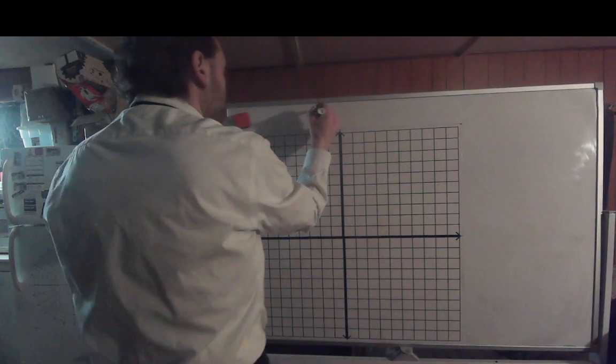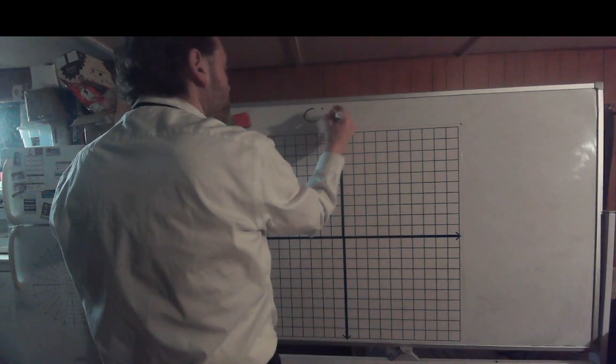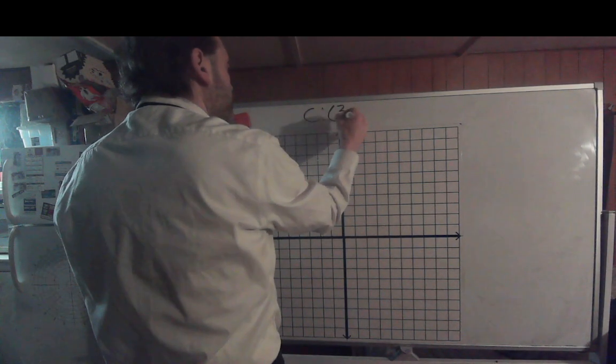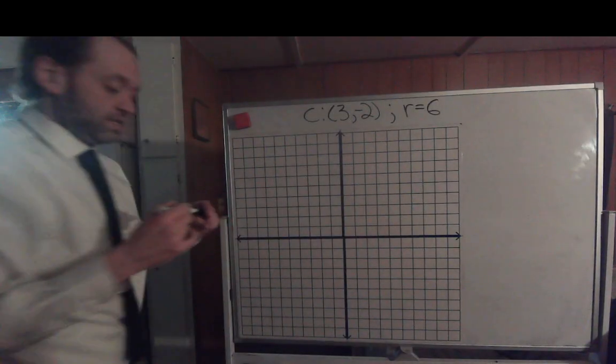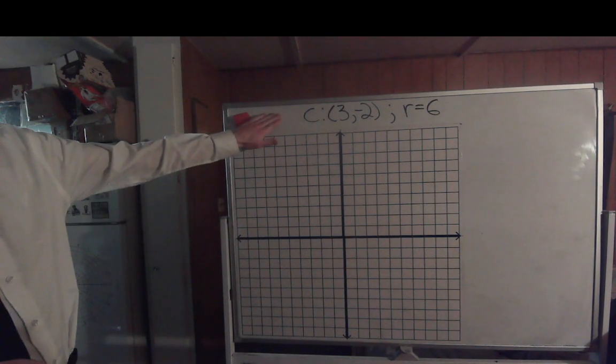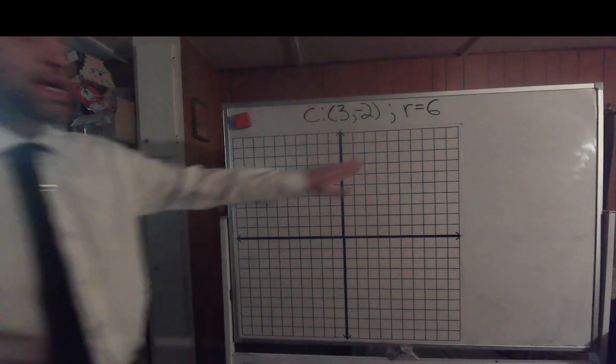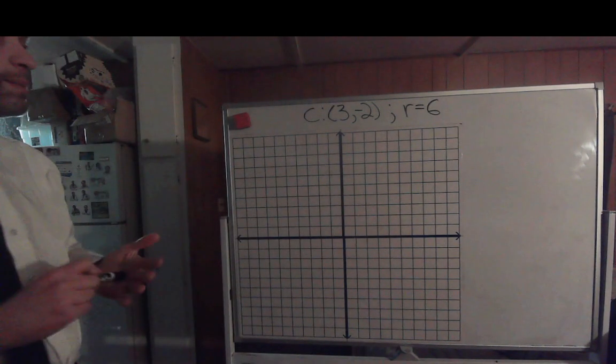Shoot. Alright, so the center would be at the point 3, negative 2 with a radius of 6. Alright, so we have a center of the circle at 3, negative 2 and the radius of 6.